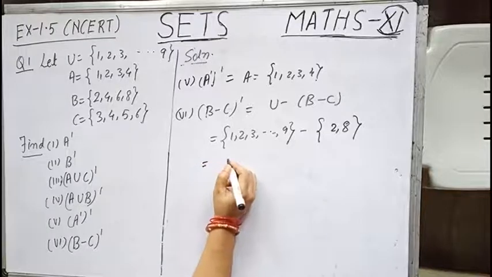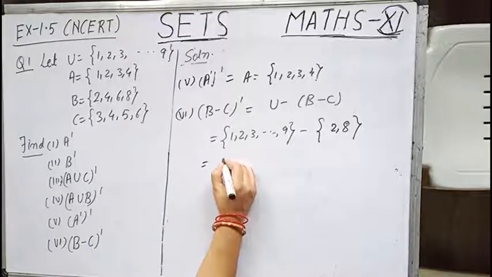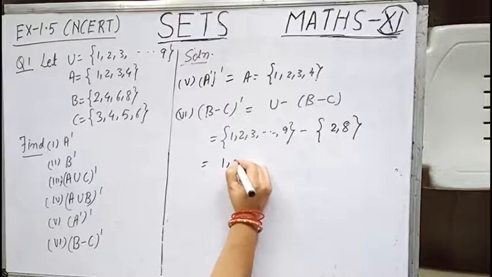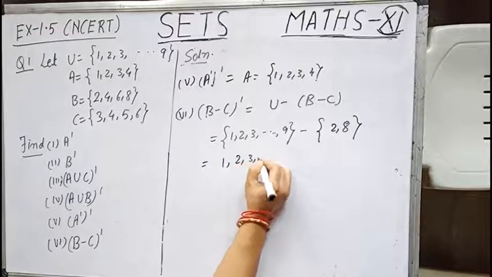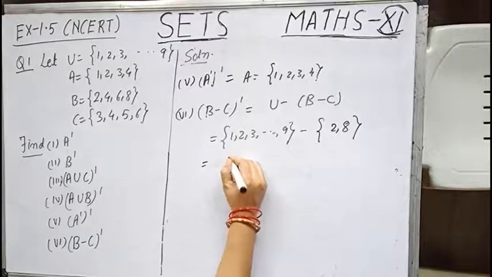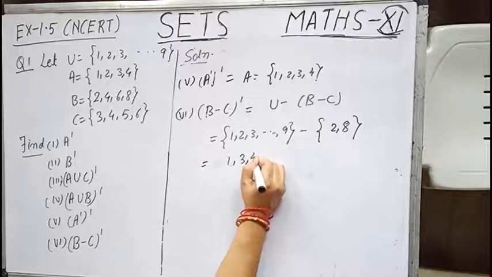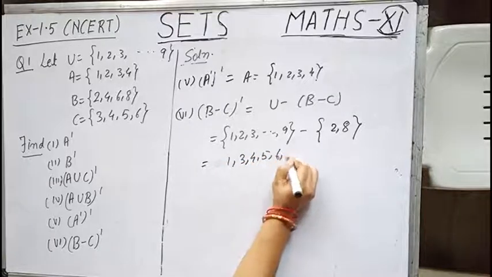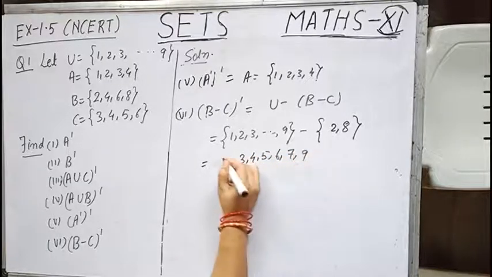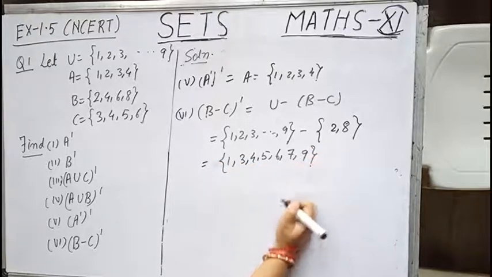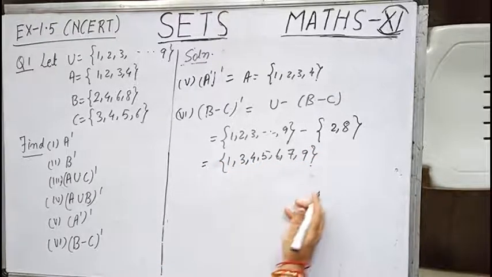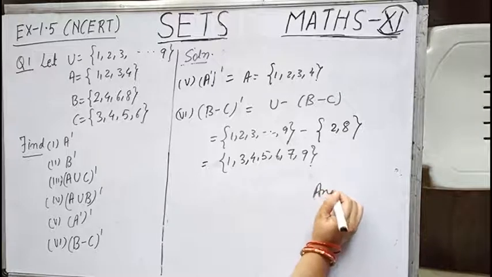If we subtract this, we will be getting 1, 3, 4, 5, 6, 7 and 9, since 2 and 8 will not be there. And this is the answer.